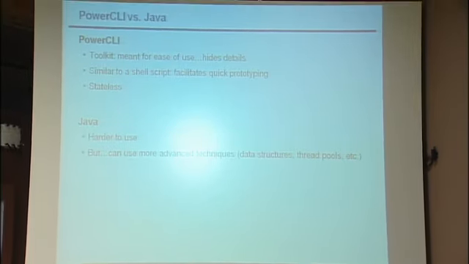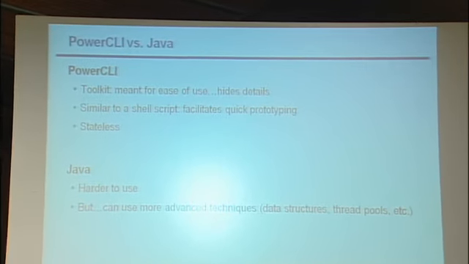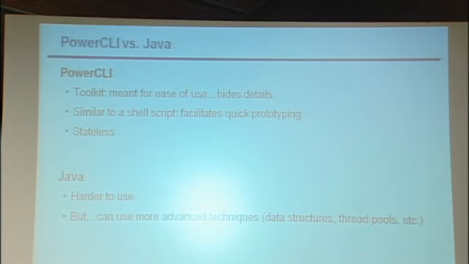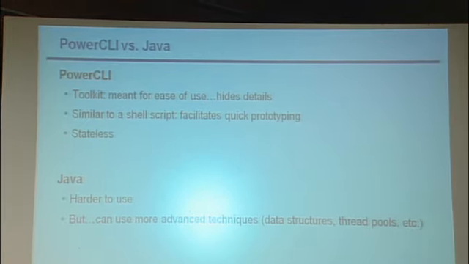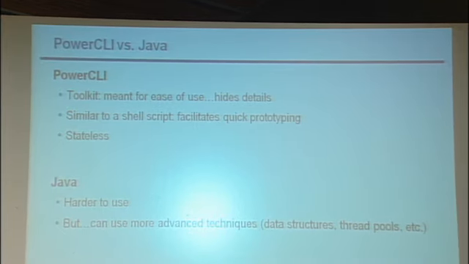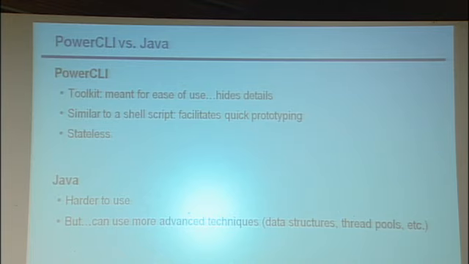All of you are probably familiar with the difference between scripting languages and high-level or low-level languages, or whatever you want to call them. If you're running something using a shell script or running Perl or whatever, these things are usually meant for ease of use, but they're not necessarily meant for performance reasons. They hide a lot of details from the user so that it's easier to come to a quick prototype. You don't have to declare variables and all this kind of junk if you're using a scripting language.